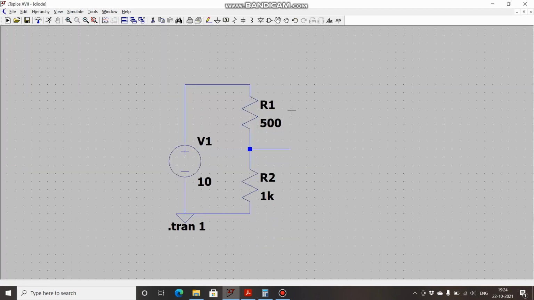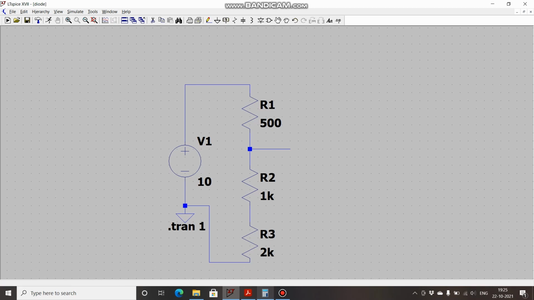Now suppose there are more than 2 resistors in a network. I will modify this and place a third resistor. Let's give this third resistor a value of 2k, 2 kilo ohms. Now my task is to find the voltage across this terminal and the ground.